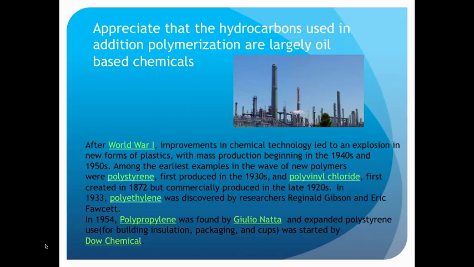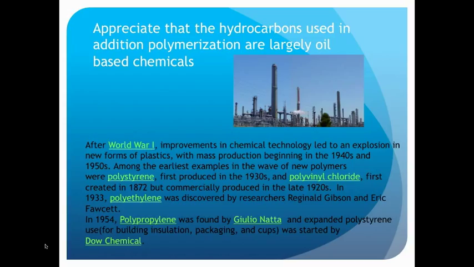Hydrocarbons are used significantly in the making of addition polymers. After World War I, chemical technology was far enough advanced to be able to make plastics in the 1940s and the 1950s. Predominantly, the polymers that were made were addition polymers.